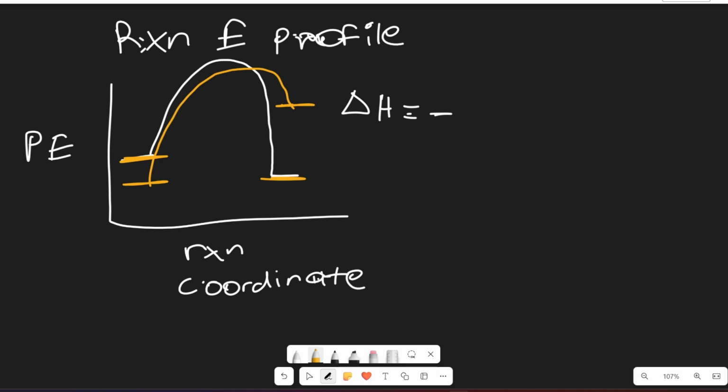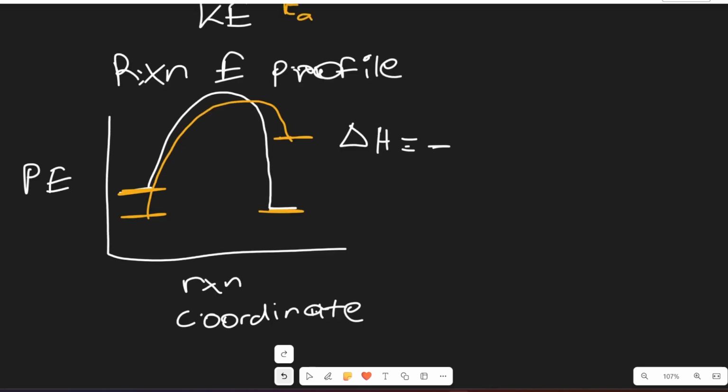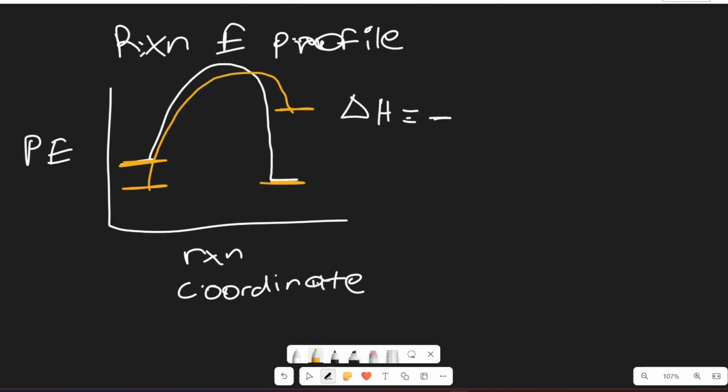And then this line here, or sorry, it wouldn't be that, it would be more something like from the peak of your curve down to your reactants. So if this is my reactants here, from here to here, that right there is essentially what our activation energy is.